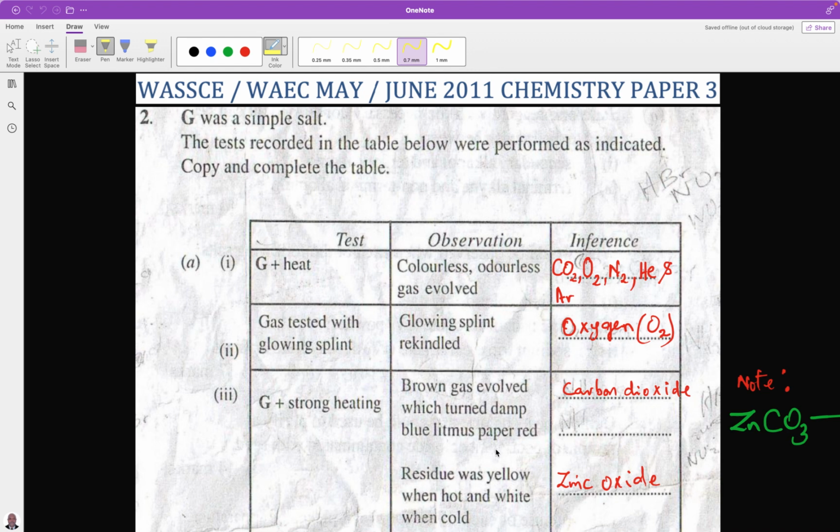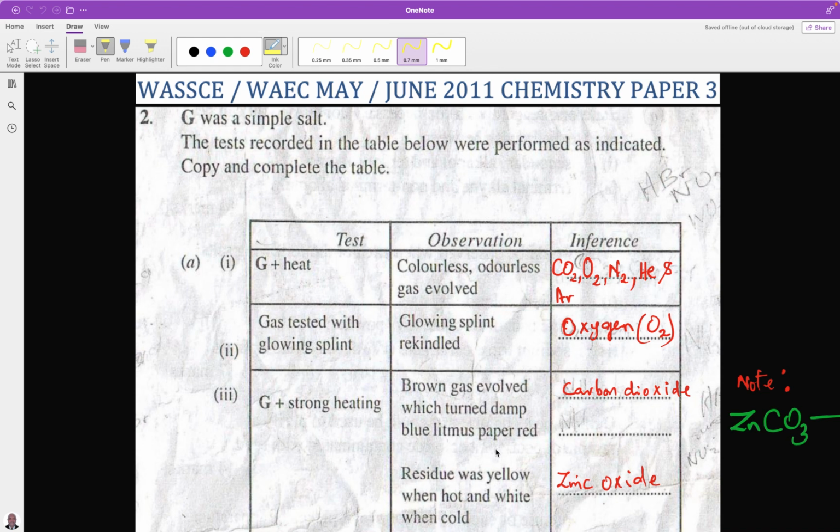Now, under this, we have A1. Under the test, G, as we're told, was a simple salt. G plus heat.